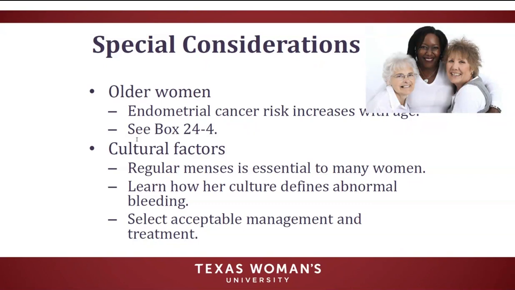Either a woman has been exposed to extra estrogen over a lifetime, and by extra, I mean from the body, so she's either not been ovulating or was on a significant amount of fertility estrogen medications, those kinds of things. And again, I will have that table listed in your Canvas course.